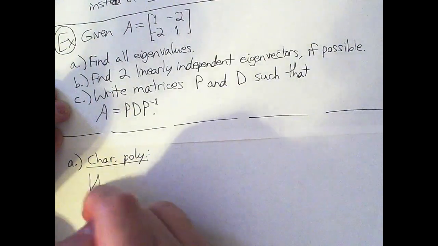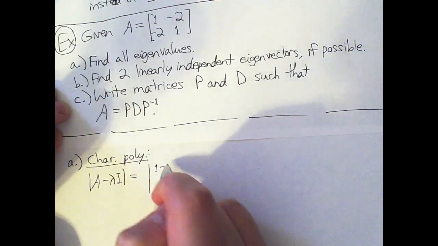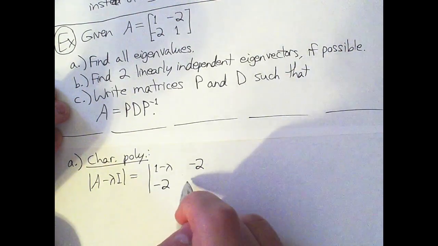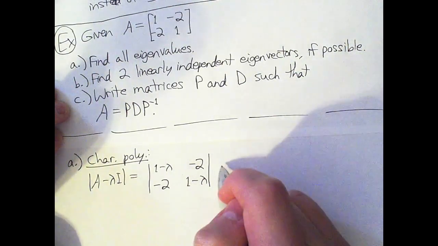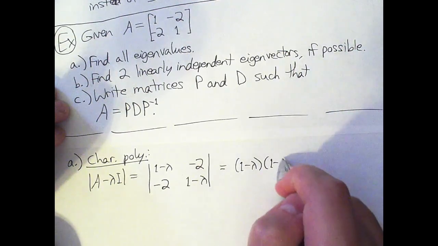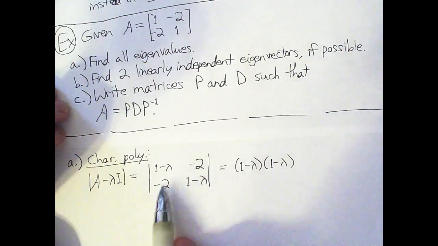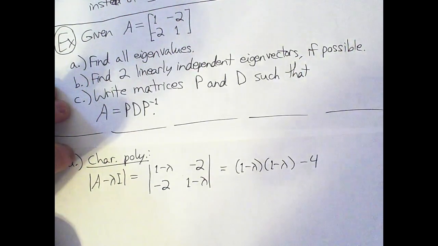So that's going to be A minus lambda I. It's going to look like [1 minus lambda, -2; -2, 1 minus lambda]. The determinant of that is (1 minus lambda)(1 minus lambda), minus -2 times -2, so minus 4.